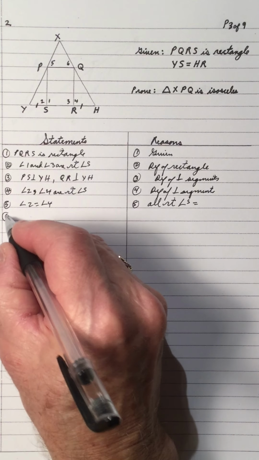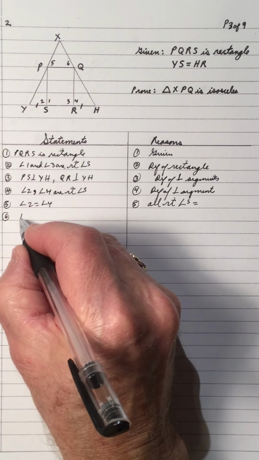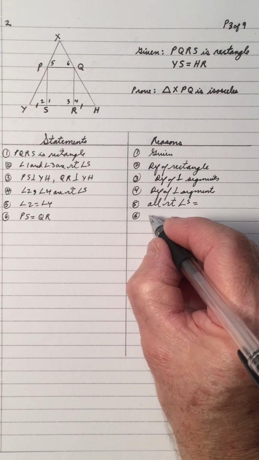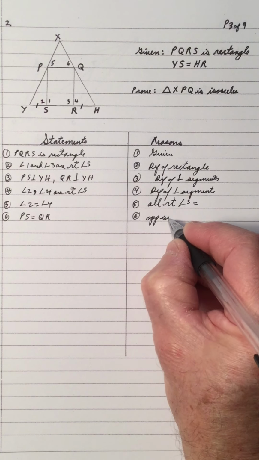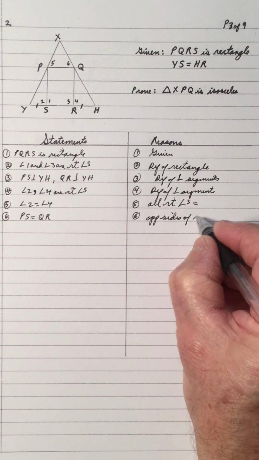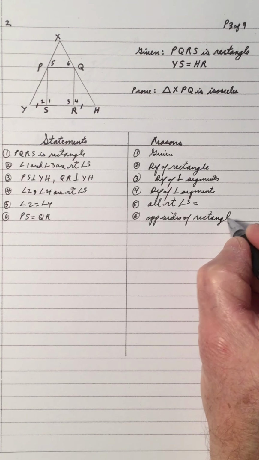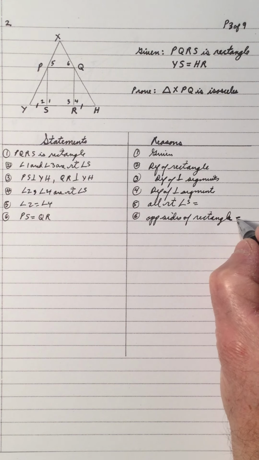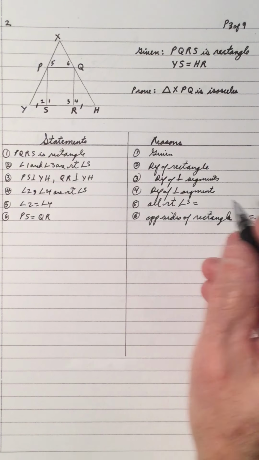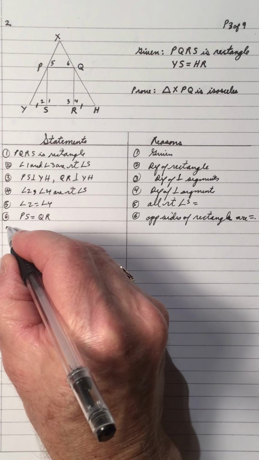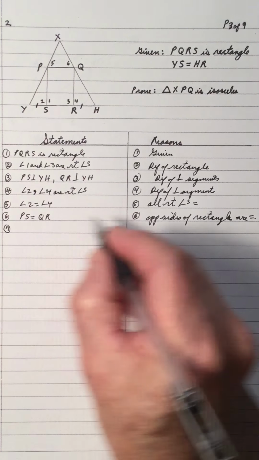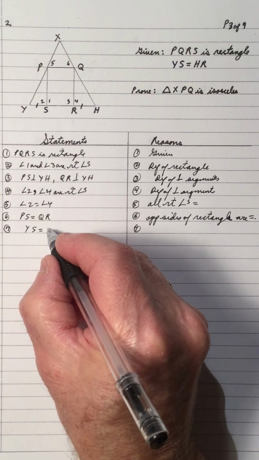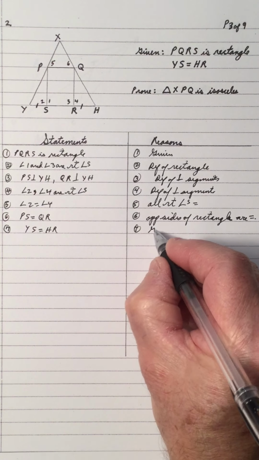Now we have PS is equal to QR because the opposite sides of a rectangle are equal, because a rectangle is a parallelogram. Opposite sides equal. And number 7, YS is equal to HR, given.